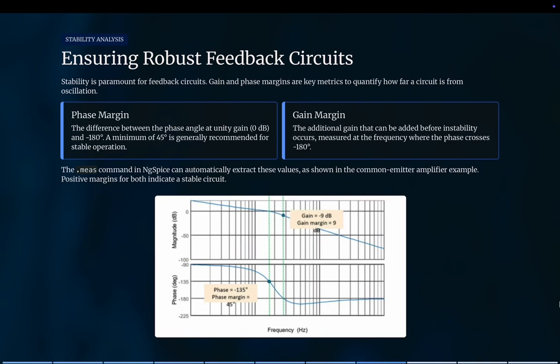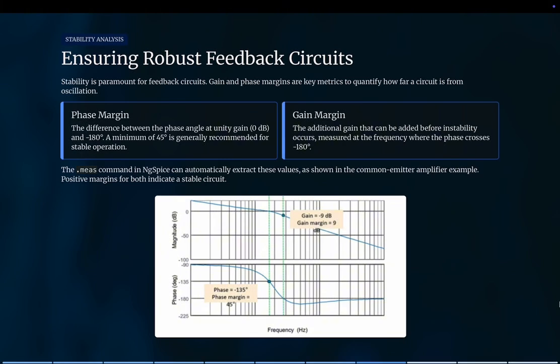Use this .meas ac command to extract this automatically, and you can see the code here. For a common emitter amplifier example, as you can see in the netlist here, this is the resulting Bode plot with margin annotations.